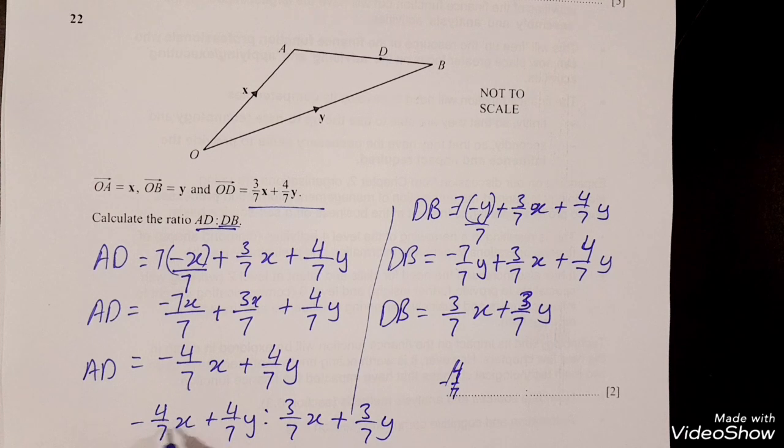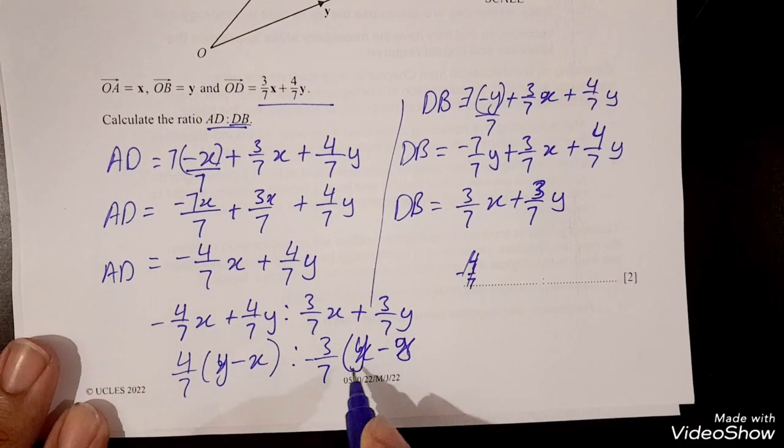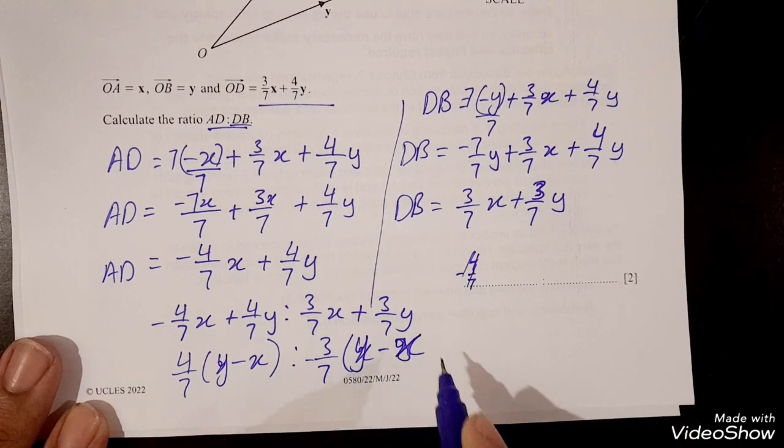Over here both equations have 4 over 7, so we'll factor out 4 over 7 and write 4 over 7 times y minus x, to the ratio of 3 over 7 times x minus y, or y minus x, because over here we have y minus x, so here we will have y minus x also.